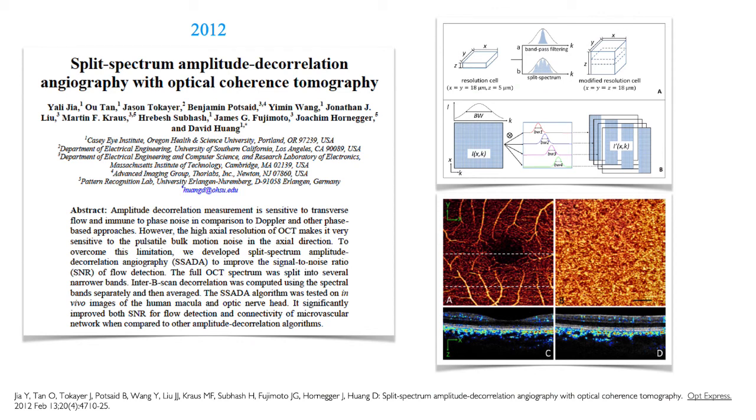Later on, in 2012, the first images based on the split spectrum amplitude decorrelation angiography, which is the SSADA algorithm, were published, and for the first time we were able to visualize retinal and choroidal vascular structure just using a normal OCT.